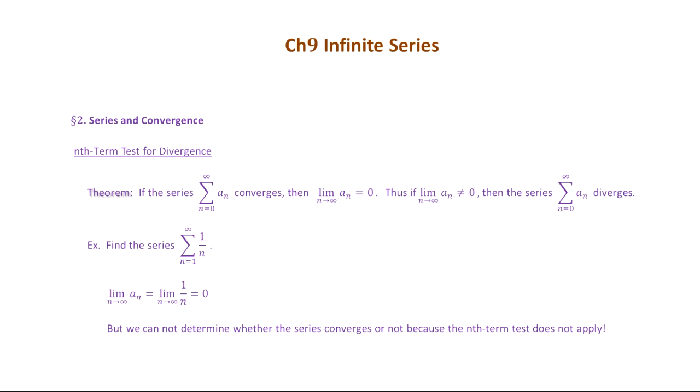So you cannot apply this theorem in this circumstance. We cannot determine whether the series converges or diverges, because the nth term test does not apply. Remember, it only tells you the series diverges. It cannot tell you whether the series converges or not. So just keep that in mind.